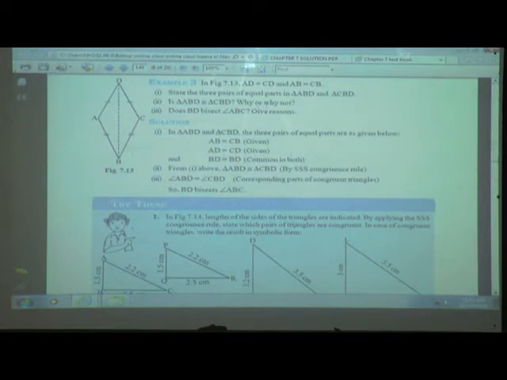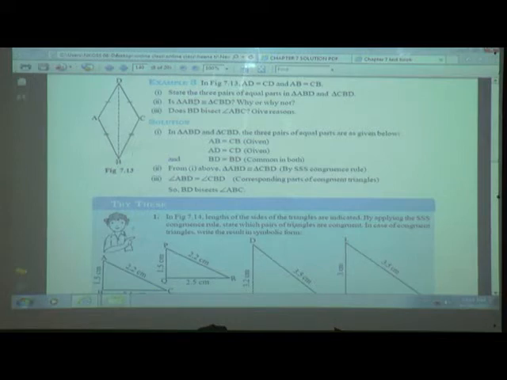Here in the given figure, AD is equal to CD, AB is equal to CB.